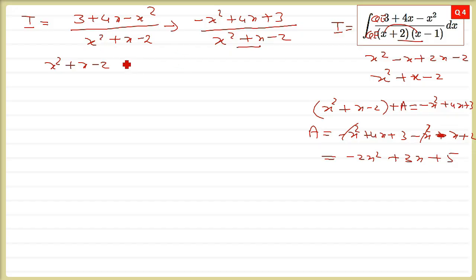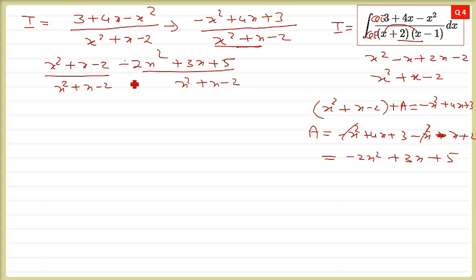That means we have to add negative 2x square plus 3x plus 5 to x square plus x minus 2 in order to get 3 plus 4x minus x square. So I'm writing it as it is. Alright. Now just separate them out with x square plus x minus 2 as the denominator. When you write this x square plus x minus 2 in the denominator, what do you get? This you will get as 1. But again we are left with the same issue, the same problem. So this will not work.